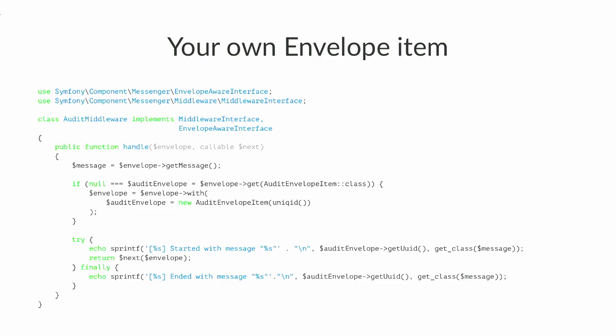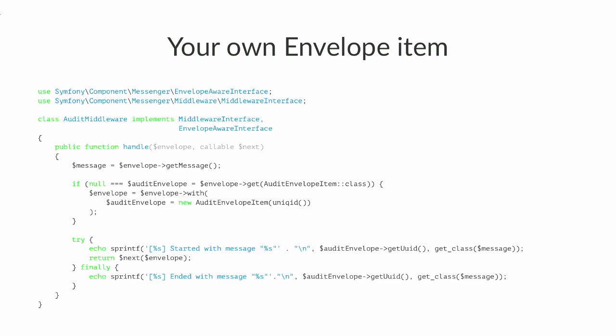So in this example, you created the audit envelope item. That's your own item. I'm going to show you just later what an item is, but again, it's just a PHP class. So here in this audit middleware, you can see the first bit being: if I don't have an audit envelope item, I am going to override the envelope with a new envelope with a new item on the envelope.